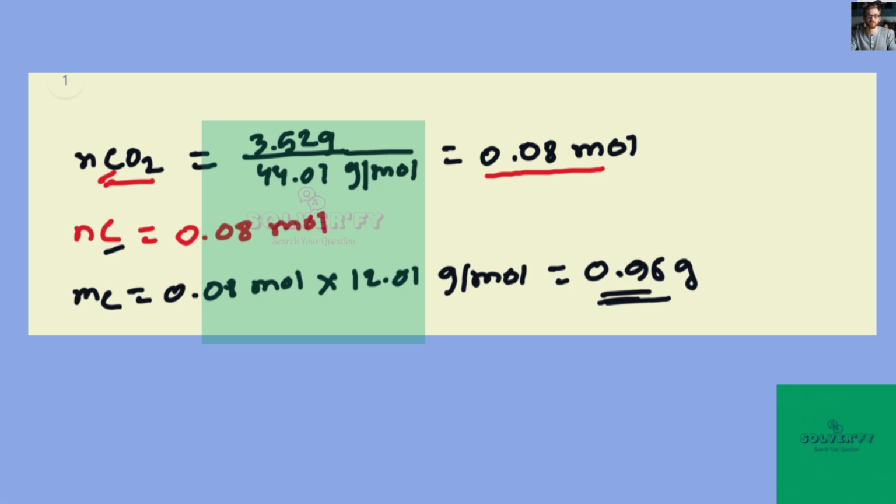That means this is also the mass of C in the sample of 1.5 gram.